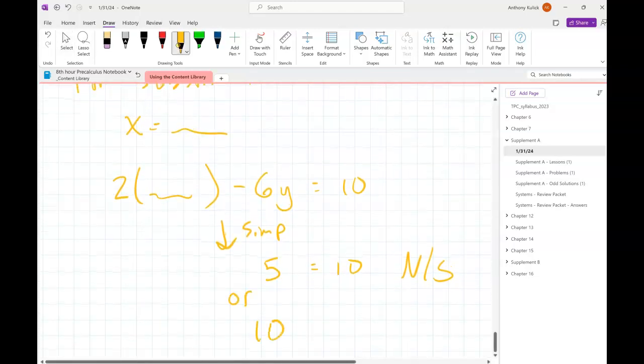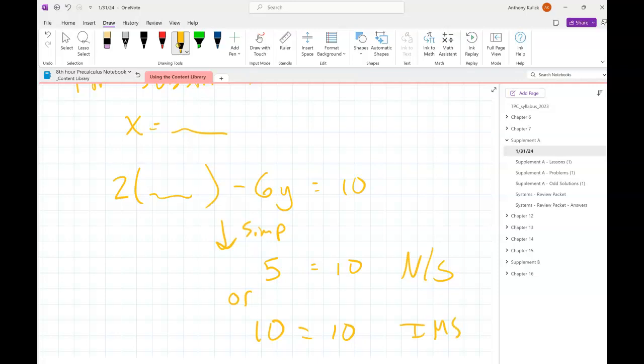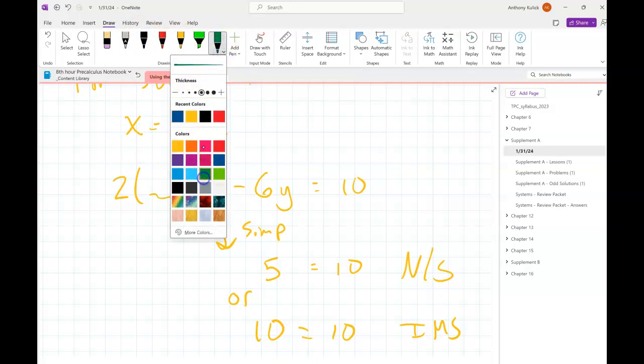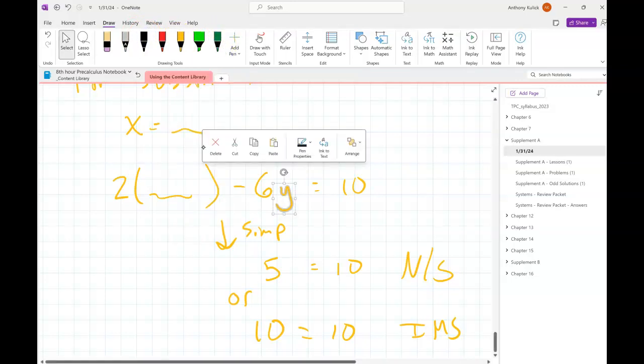But what if I had gotten like 10 is equal to 10? Does 10 equal 10? Yeah, that means infinitely many solutions. So if you get a true statement where the variables drop off, and you have something equals the same, it just means infinitely many. If you have something equals not the same, that's no solution. Does that make sense, folks?